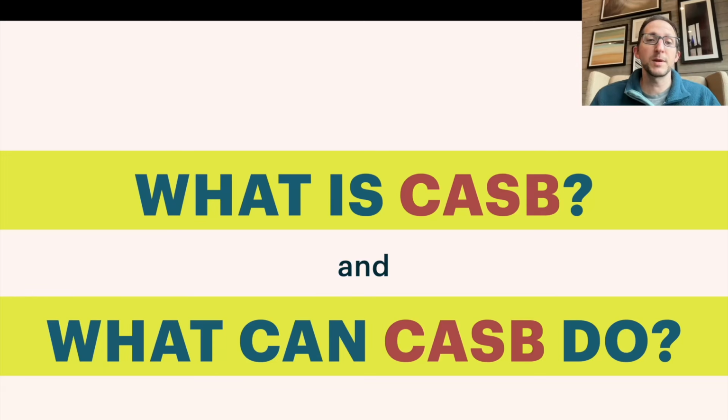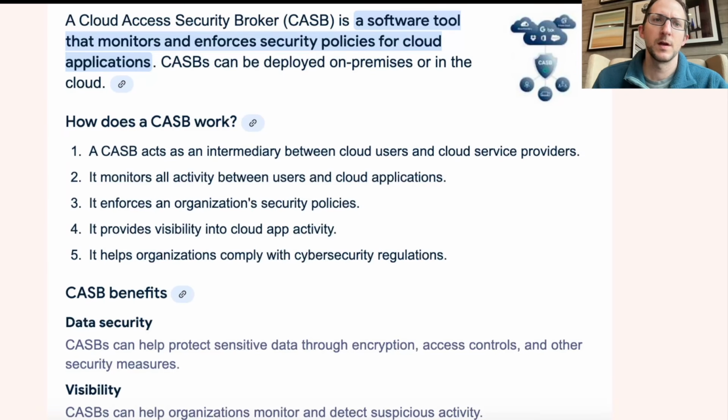So what is CASB and what can CASB do? CASB stands for Cloud Access Security Broker. It's a software tool that monitors and enforces security policies for cloud applications. CASBs can be deployed on-premise or in the cloud. So how does CASB work? A CASB acts as an intermediary between cloud users and cloud service providers.